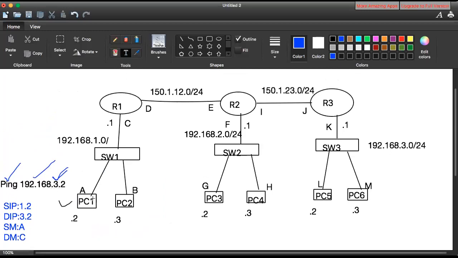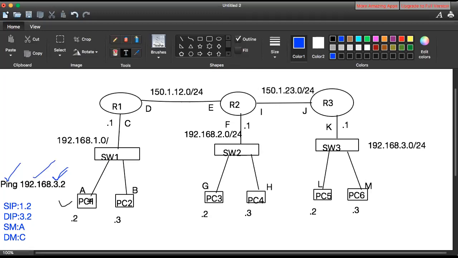And PC1 doesn't know the MAC address of 3.2. So PC1 is trying to know the MAC address of what IP? You want to know the destination 3.2, but the next routing device, first it has to know 1.1.